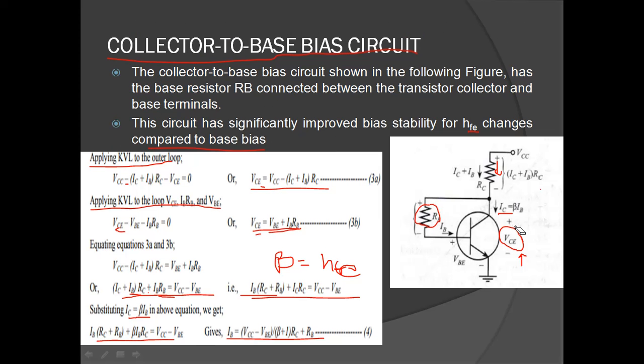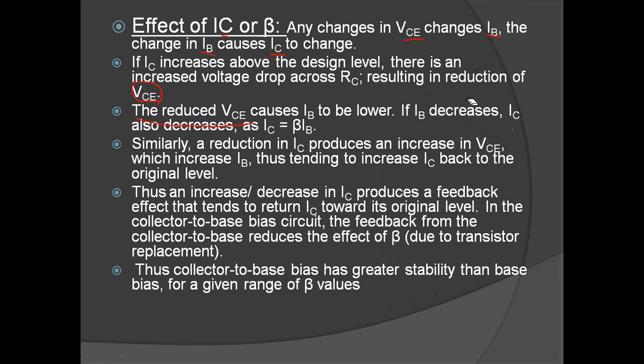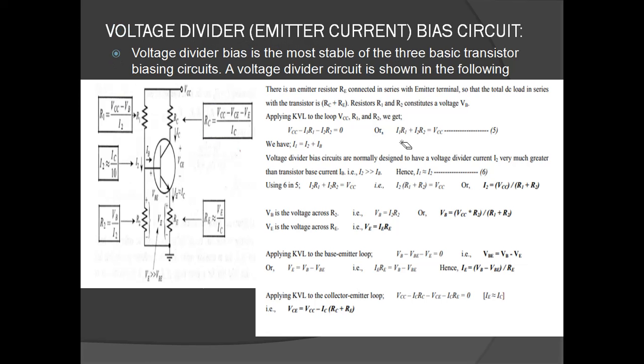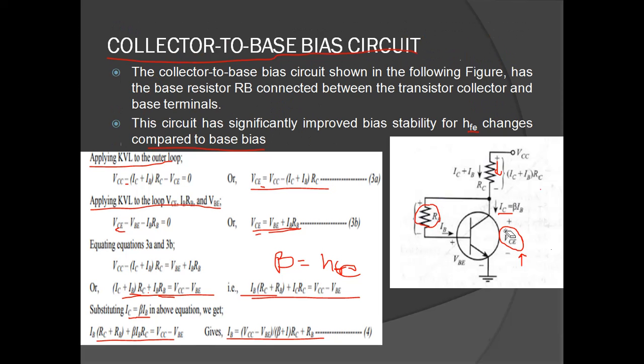So when the collector current increases, there is an increase in the voltage drop across this resistor, IC RC, which will reduce VCE. This reduced VCE causes IB to be lower. Whenever VCE is reduced, it will reduce IB.